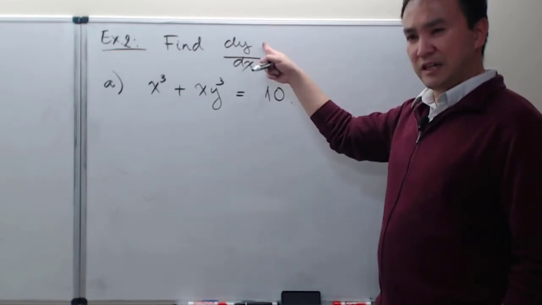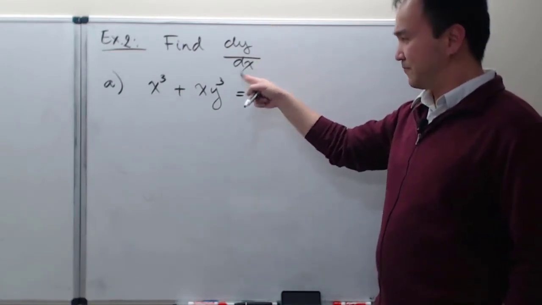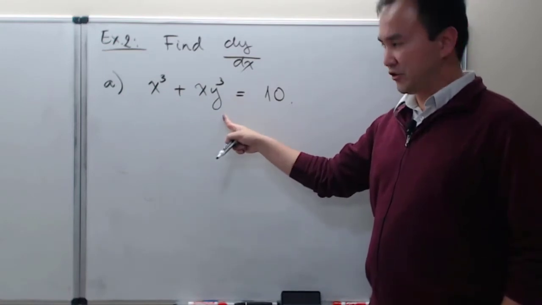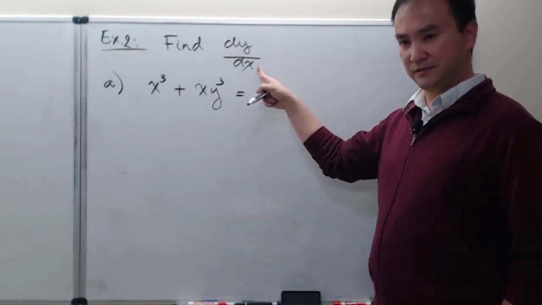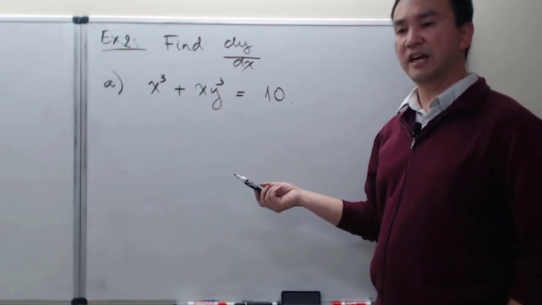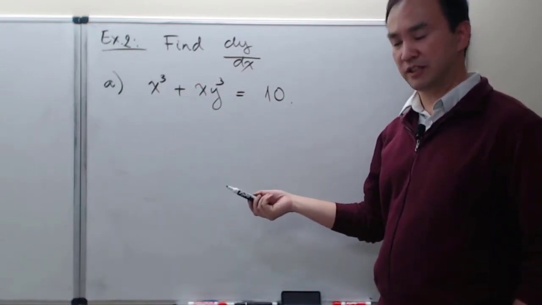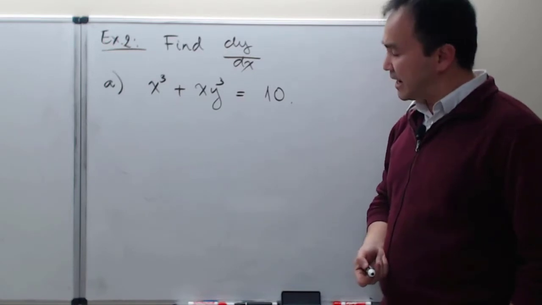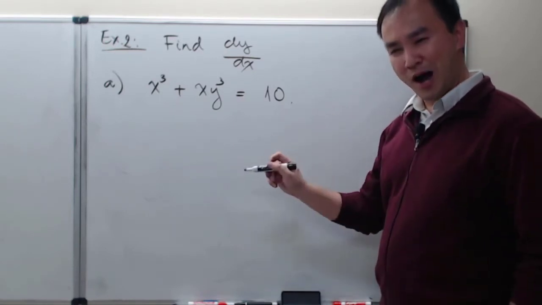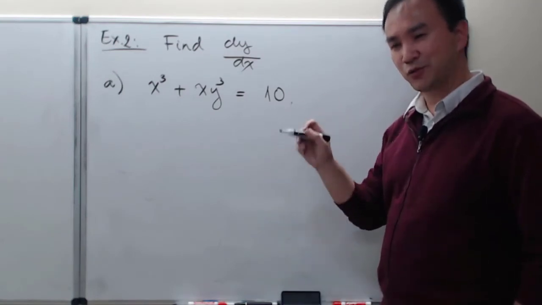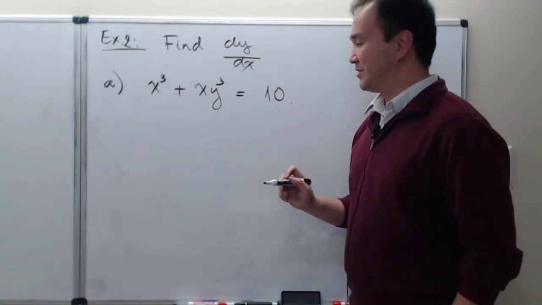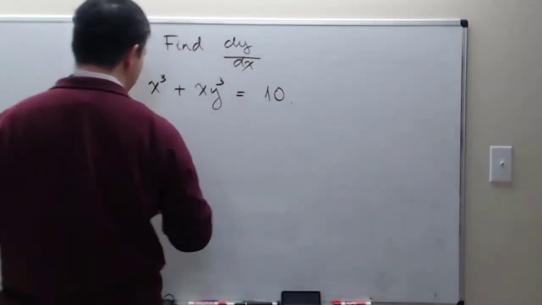This symbol intends that y in your equation is the function, and the x variable is regarded as the independent variable that drives the value of y. So again, remind yourself: y is the function of x. Y is the function of x.